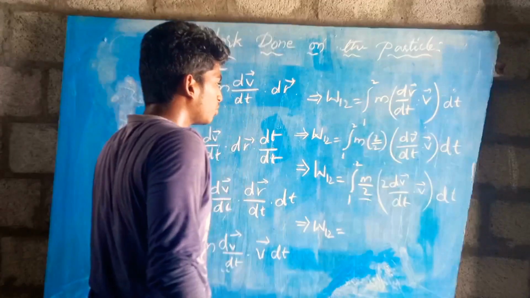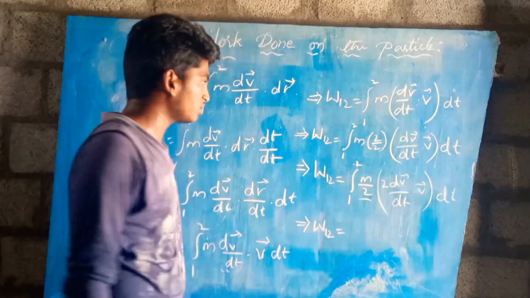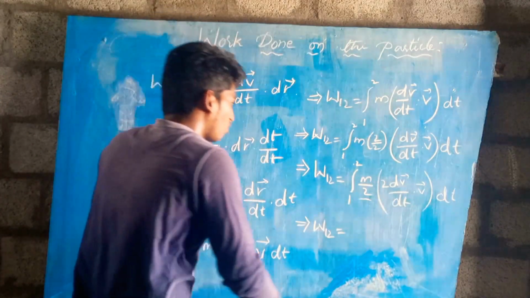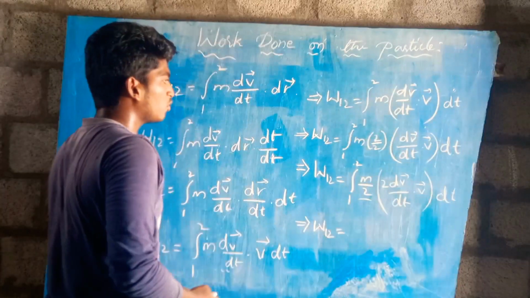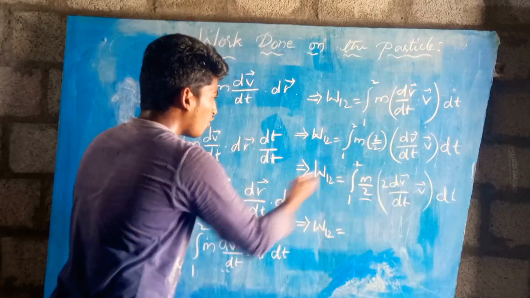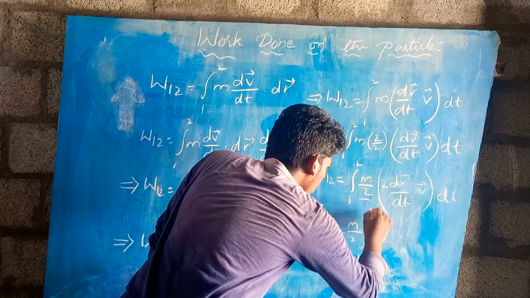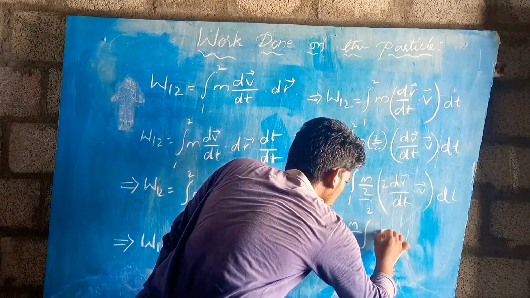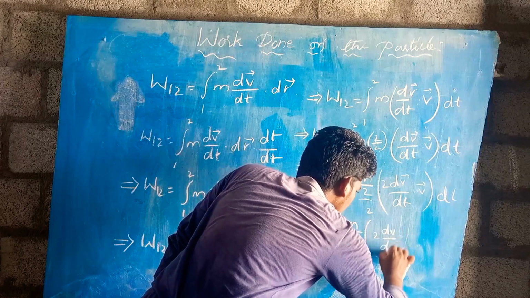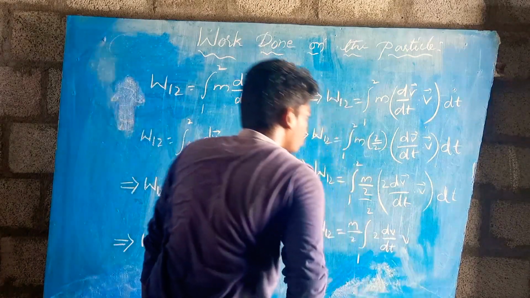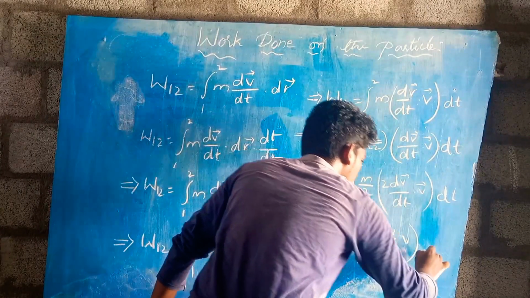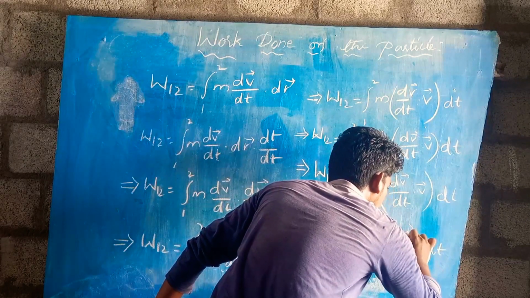Here m by 2 will be constant because the mass of the particle is constant. So we pull that m by 2 out of the integral. We get m by 2 integral 1 to 2 dV by dt v dt.